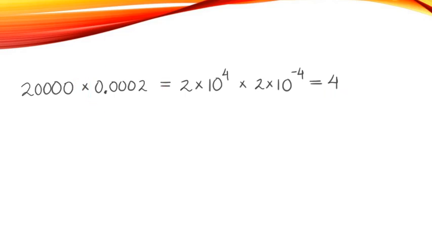Fine. So in physics, we will be frequently dealing with quantities, or your magnitudes, which are very large in size, like this 2 times 10 to the power 4, or which are very small in size, like this one, 2 times 10 to the power -4.